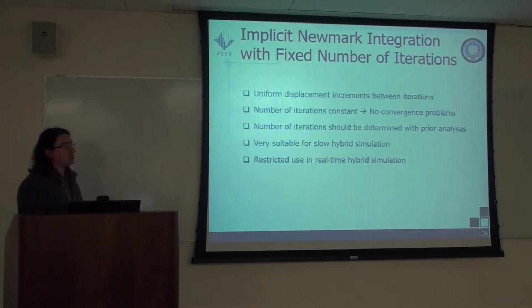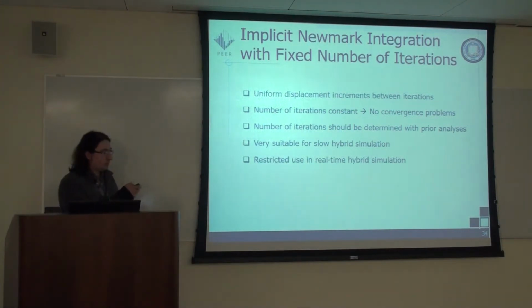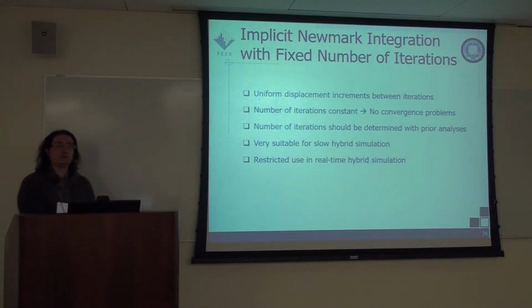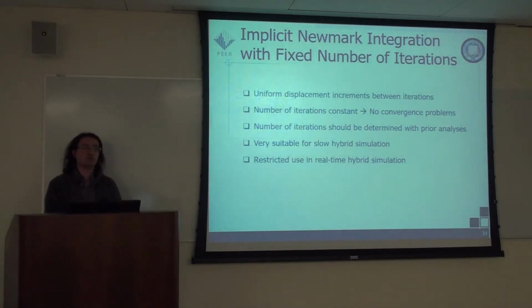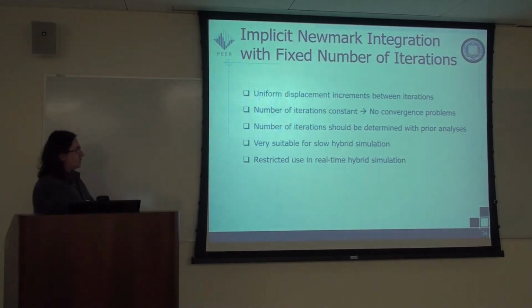Because of this, just to make sure that convergence is guaranteed, you need to determine the number of iterations with prior analysis so that you don't have a lot of errors due to any non-convergence issue. And this is also quite suitable for slow hybrid simulation, but it has restricted use in real-time hybrid simulation.